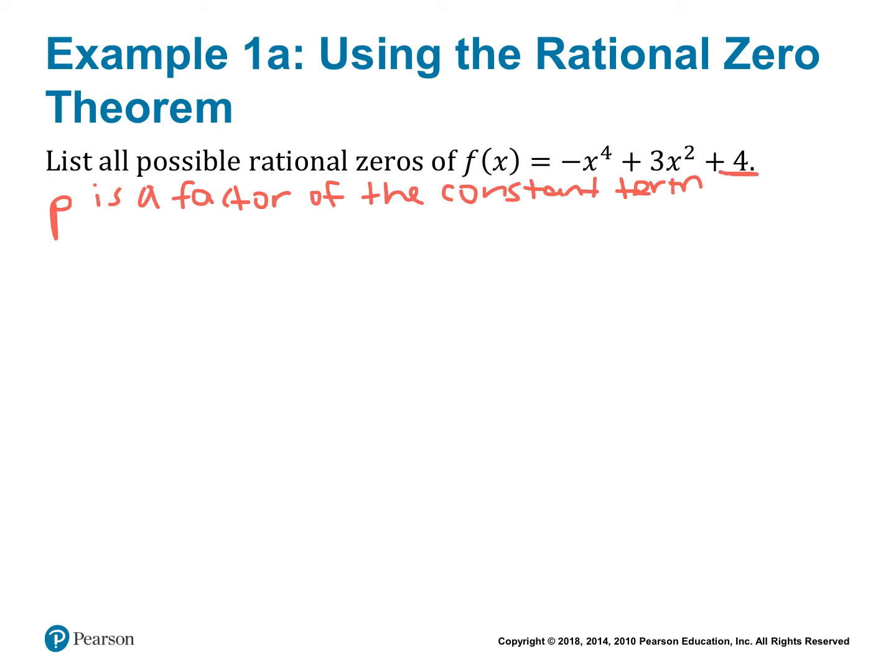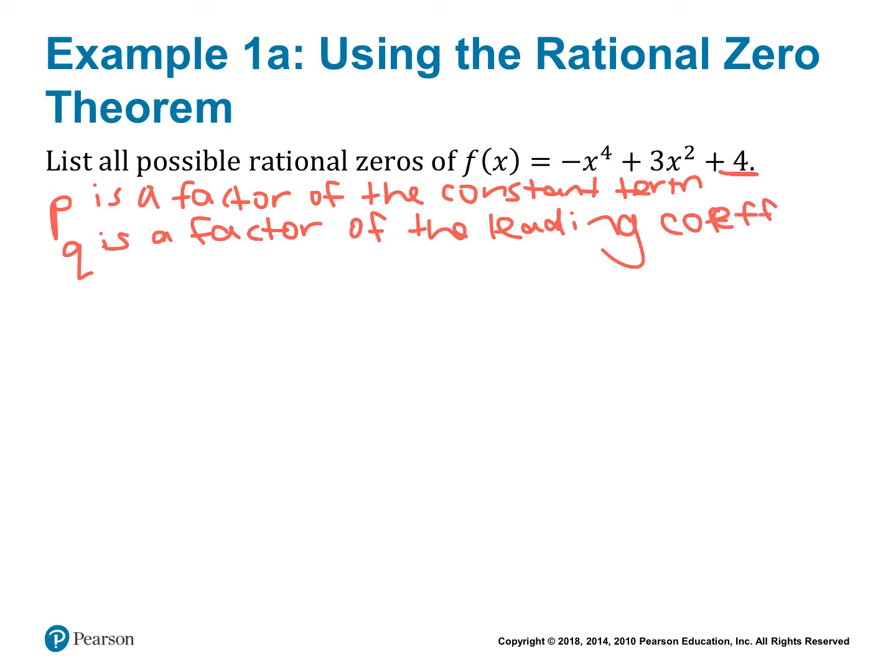And then also Q is a factor of the leading coefficient, which in this case is -1 out front, because you could put a 1 right there and that'd be -1.